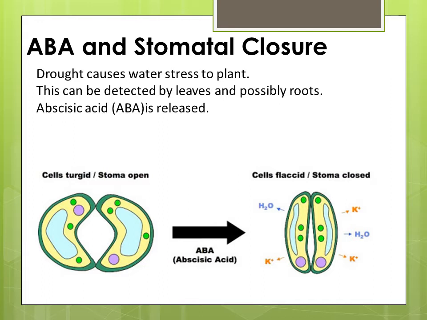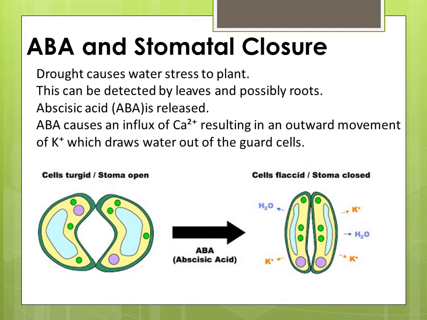The plant is experiencing stress, so it starts to release abscisic acid, and the effect of the abscisic acid is to cause calcium ions to move into the guard cells, and that then promotes the movement of potassium ions out of the cell, and those potassium ions take water out of the guard cells with it, and that then reduces the volume of these cells, so the cells become much less turgid and they collapse in on each other, and that causes the stomata to close.